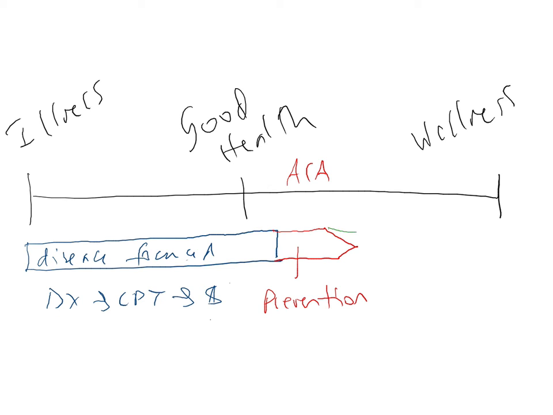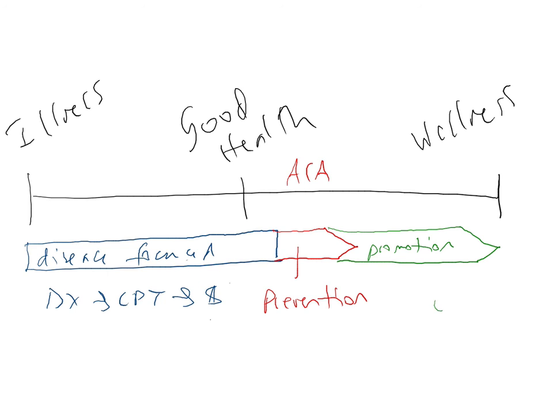What's also beginning to emerge one step further is really focusing on promotion. So promotion is employer wellness programs, worksite wellness programs, community wellness programs. So people being involved in even things such as yoga and meditation.